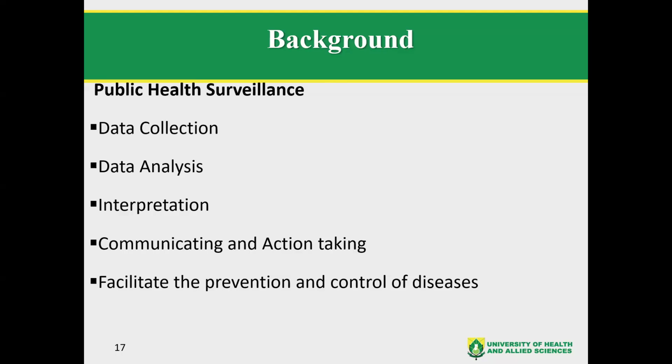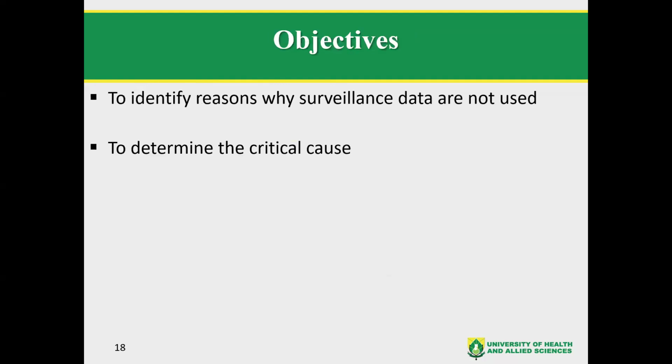If we are not getting the data, analyzing it, interpreting it and using it for action, then there is a problem, which is why we want to find the root cause. So the objective here is to identify the reasons why the surveillance data are not being used, and then to determine the critical cause. So we are finding the root cause and then the critical cause.